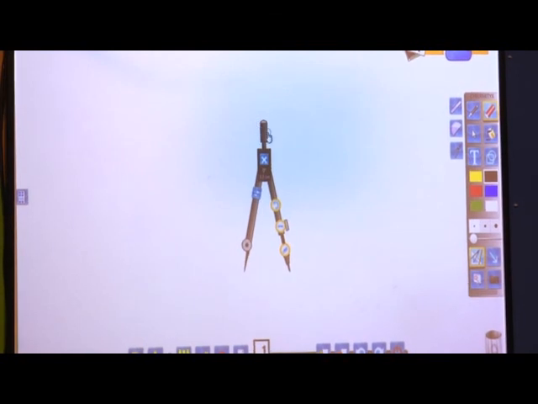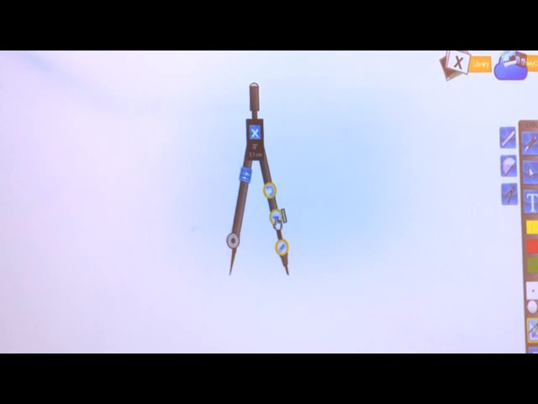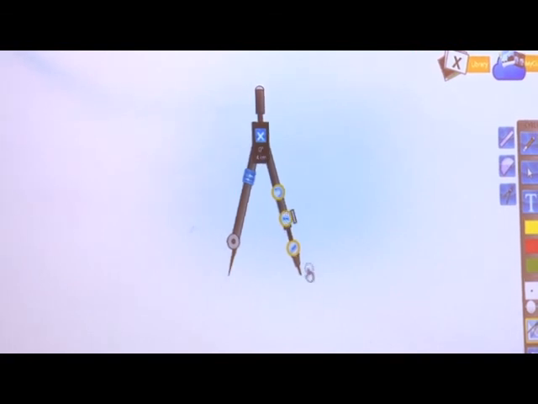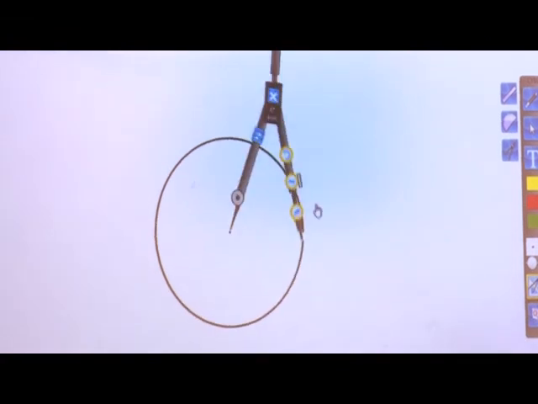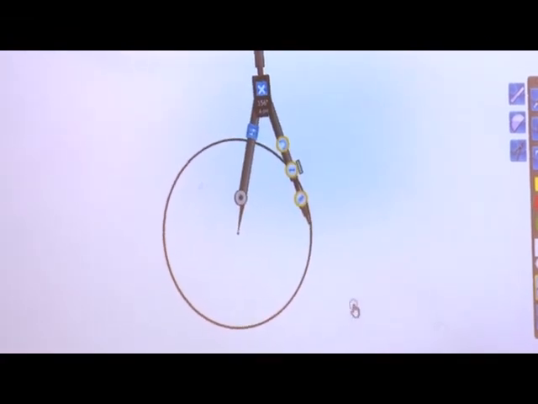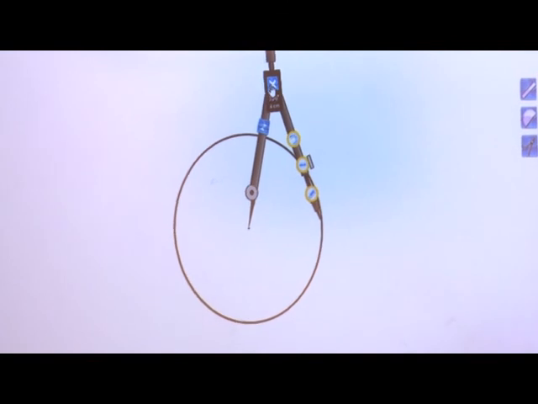We shall draw a circle of suitable radius. Here I am drawing a circle. I have said suitable radius, I have not mentioned any particular radius.